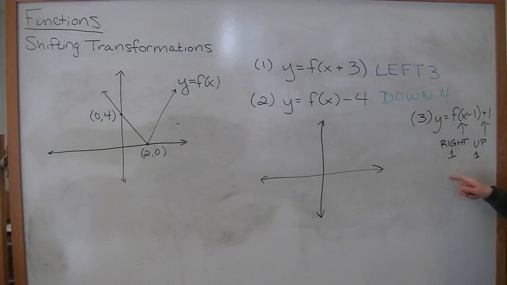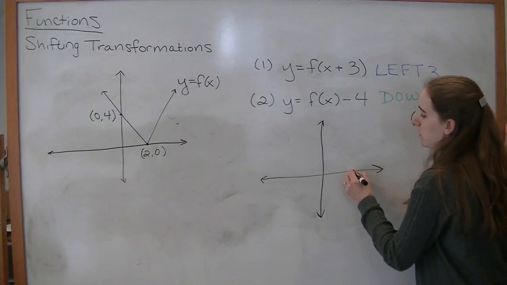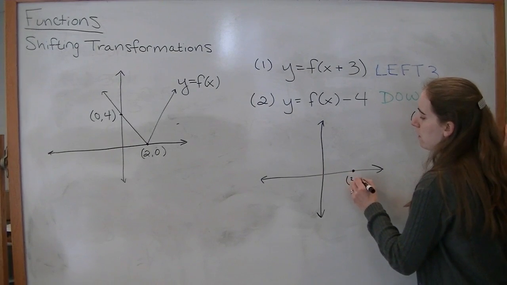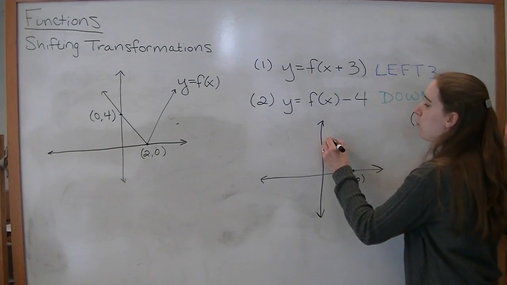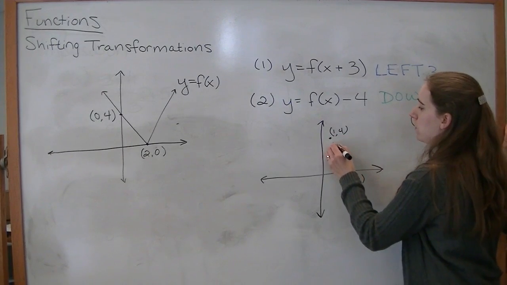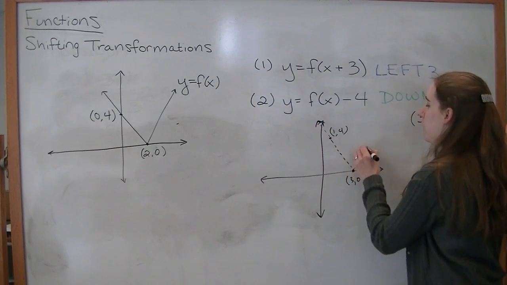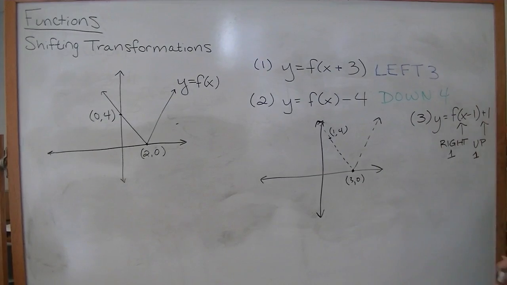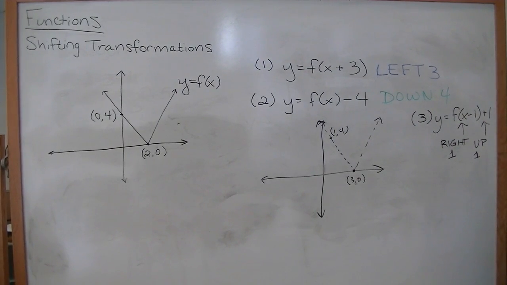So first of all, I want to move the whole graph right by 1. So I have 3, 0, and then I have 1, 4. So I'm going to dash this one, or make it dotted. So remember that I'm not done. I still need to move it up by 1.